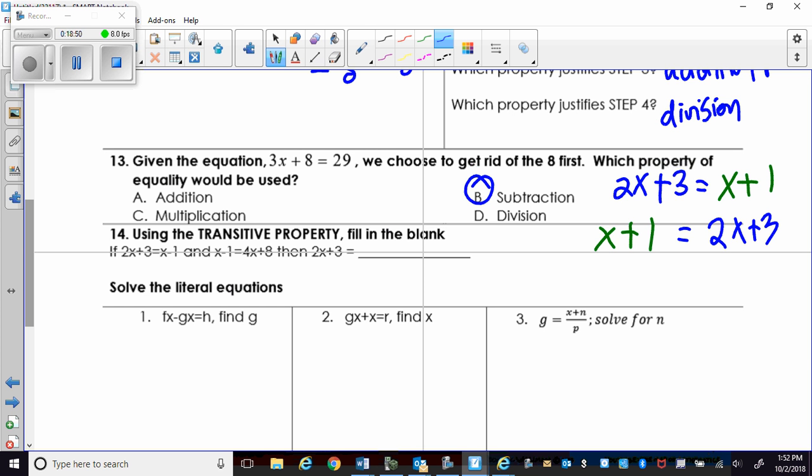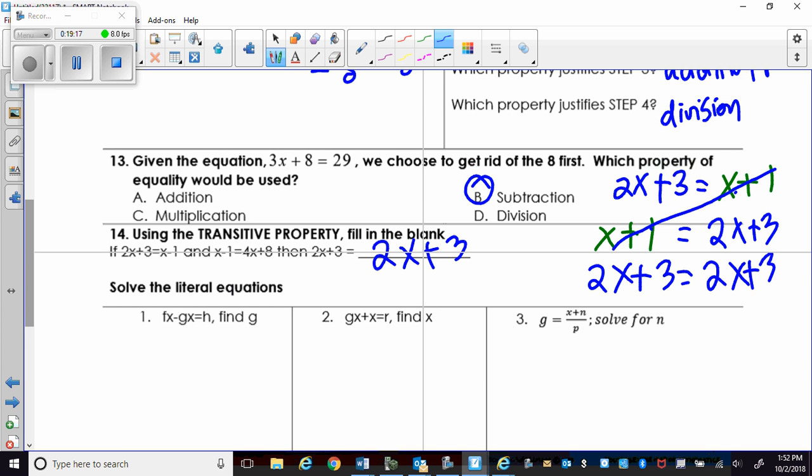Are they the same? Okay. So the transitive property, what you do, I told you before, cut out the middle. And it's the end parts that you want. You should end with 2x plus 3 equals 2x plus 3. Period. So all you do is cut out the middle on transitive property. You should always end with what you started with and what you ended with. Might not always be the same.